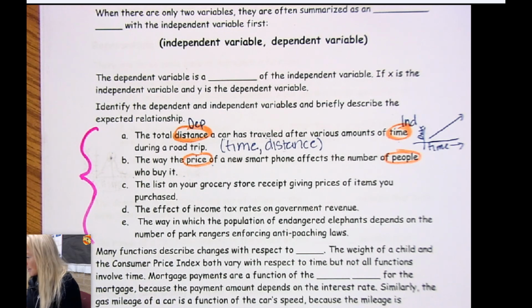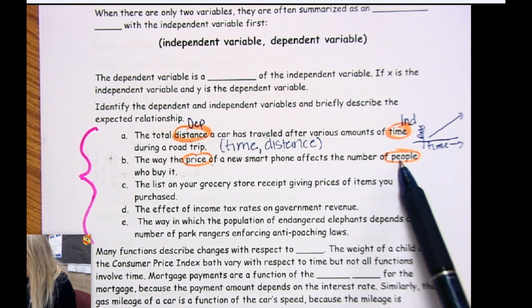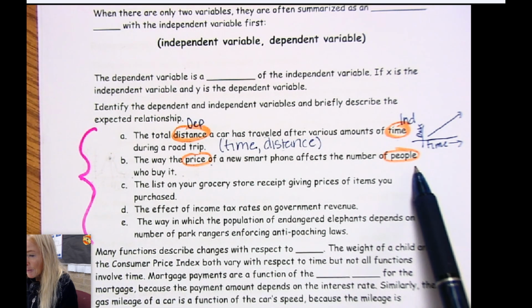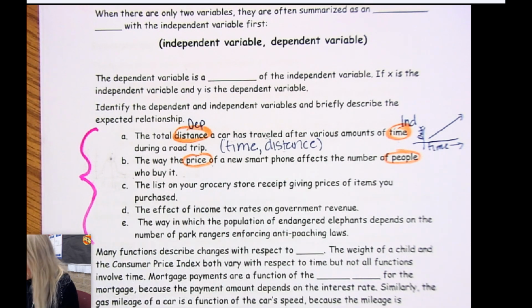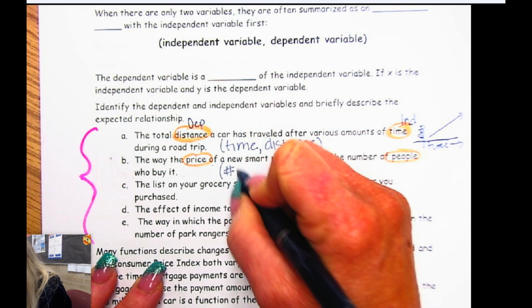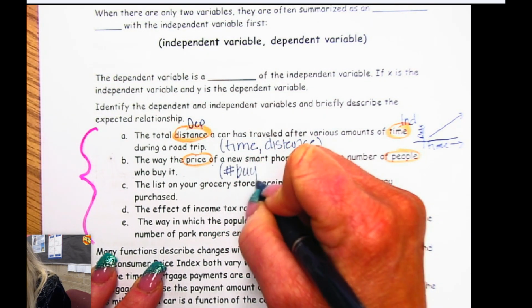But whatever the case, the number of people who purchase the phone depends on what price the phone is, right? So the number of people buying it depends on the price. The price doesn't depend on the number of people buying it. The number of people buying it depends on the price. So number of people buying it, I'm just going to call them buyers.